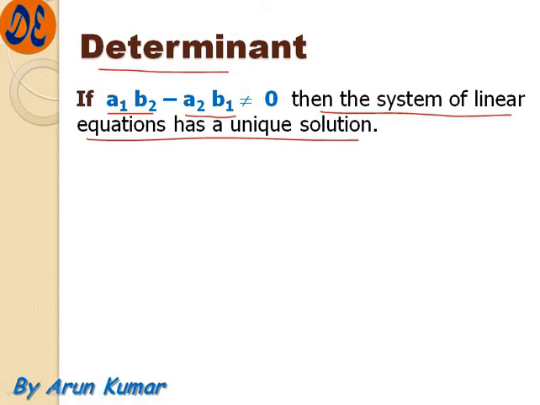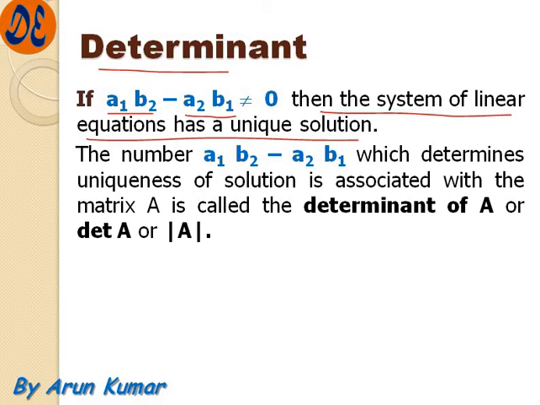The number a1 into b2 minus a2 into b1, which determines uniqueness of the solution, is associated with the matrix A, and this is called the determinant of A. It is also written as det A, or the determinant of A is written with a pair of straight lines.